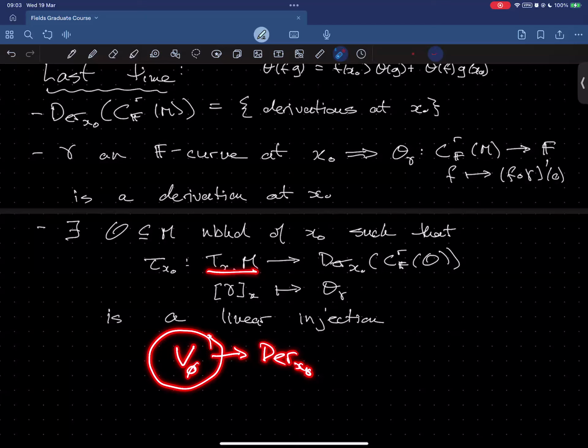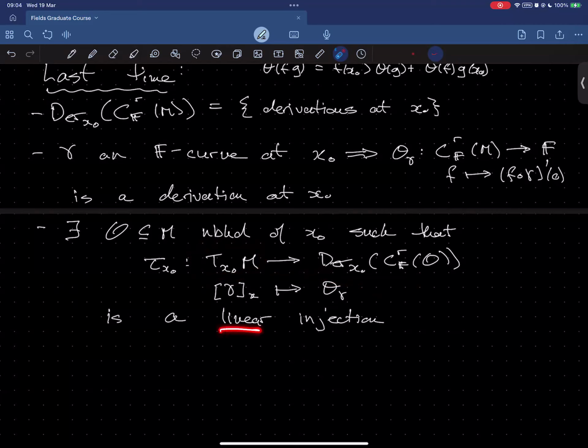And so essentially we mapped the tangent space injectively into the space of derivations, right? And the vector space structure on here induces a vector space structure on here because it agreed with the vector space structure that you get on the tangent space from any chart. So one of the consequences of what we did last time was we proved the meaning of linear here. So we showed that this thing had a natural vector space structure. Okay. All right.